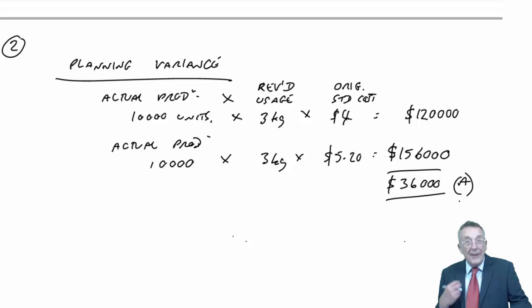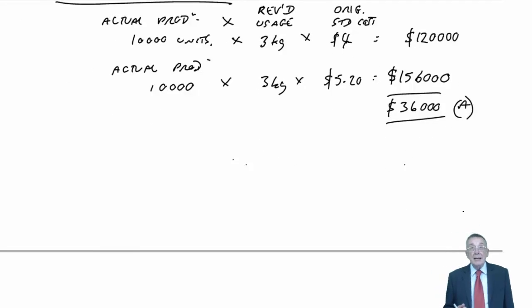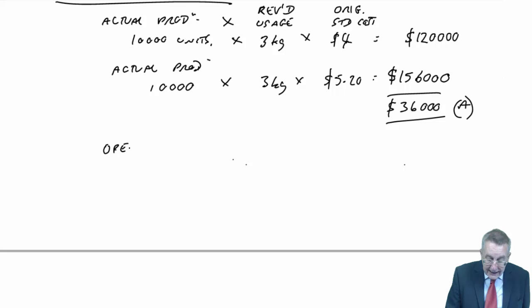Well, now we've revised the figure to $5.20, the operational variance we do in exactly the same way as always, as we did with basic variances.